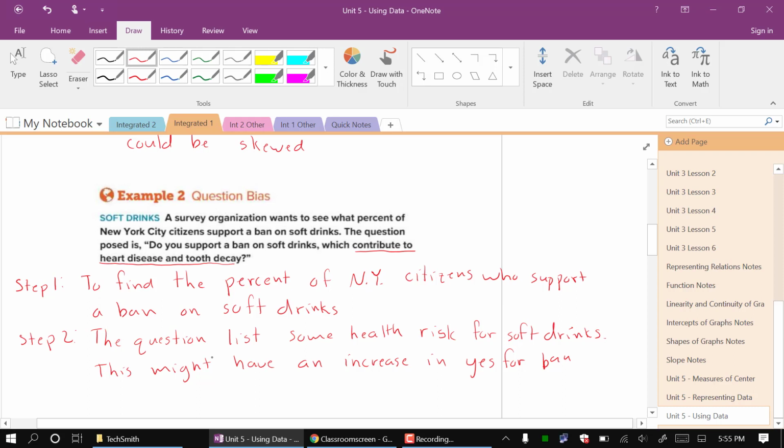So based on this, does this serve the bias of the group? The survey organizers want to see the percent of New York citizens. Yes, it does.